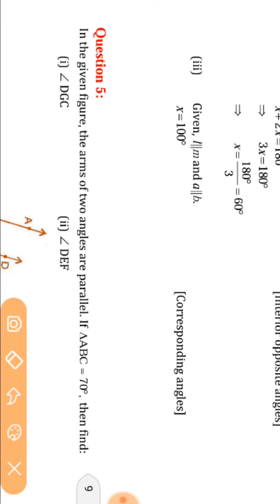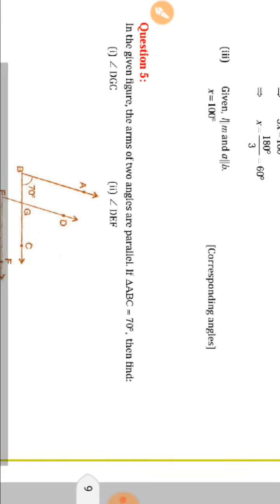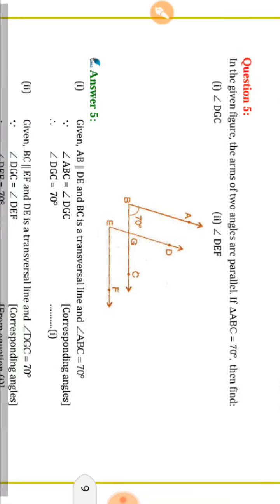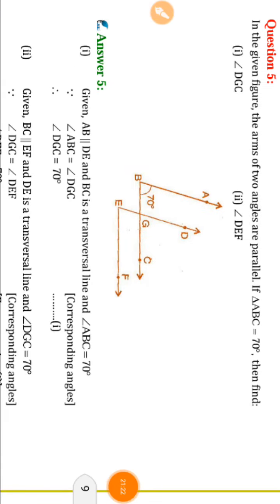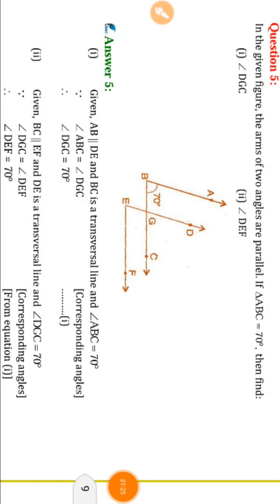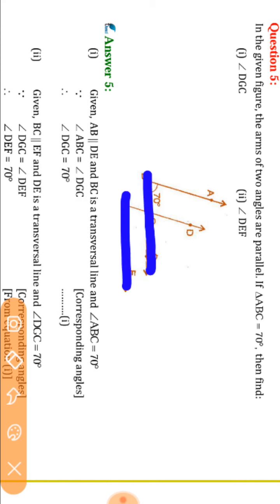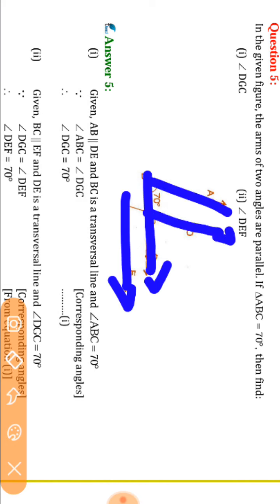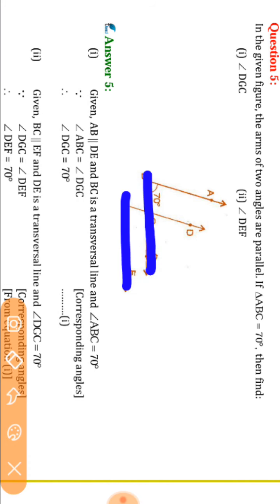Then fifth one, in the given figure the arms of two angles are parallel. The arms are, means these two arms are parallel, that's why they are showing like this, parallel, and even this is also in parallel shape. Then in triangle ABC, where is the ABC triangle?